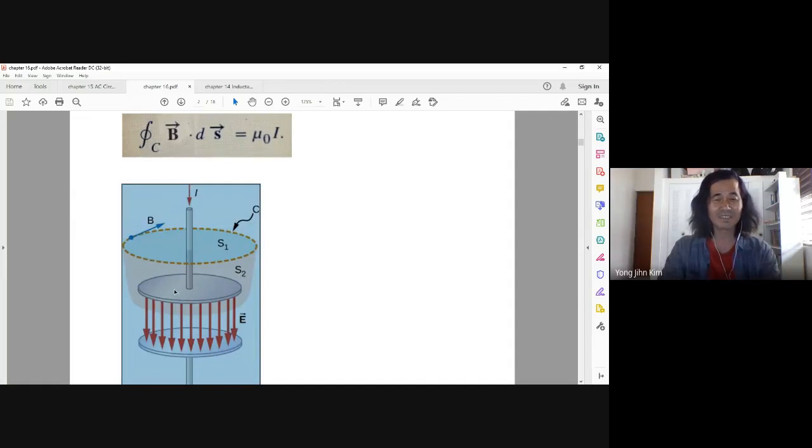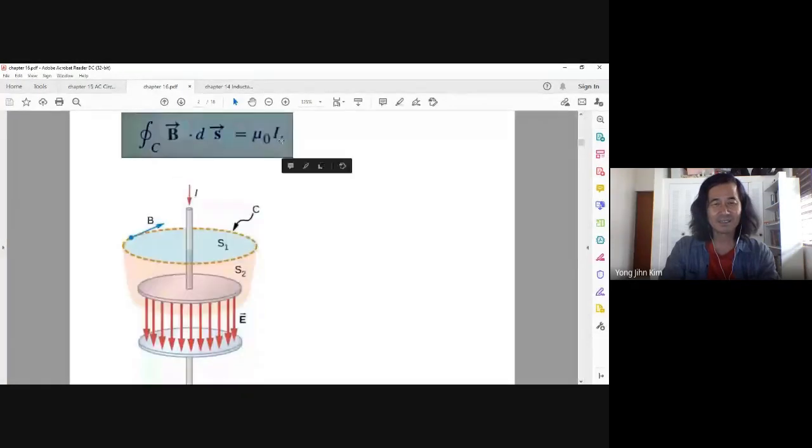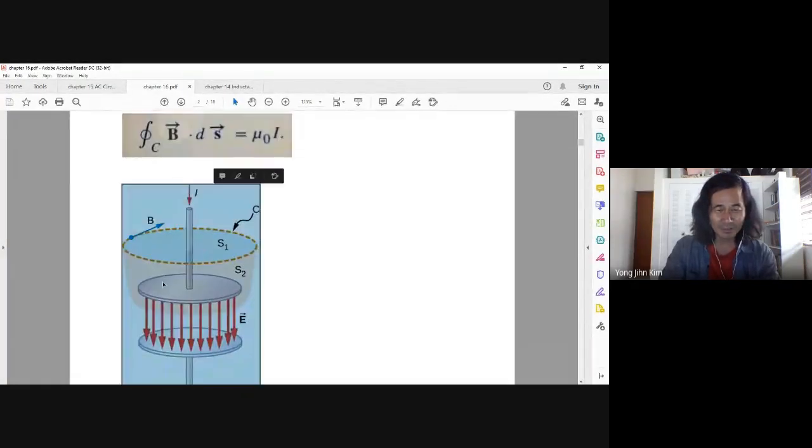Then, if I use this circle S1, bounded by this curve, then we have a current I. But if I use this bowl-like surface S2, there's no current passing through S2.